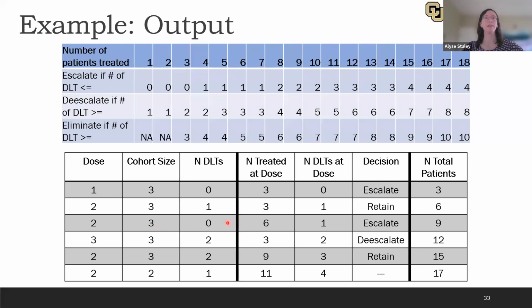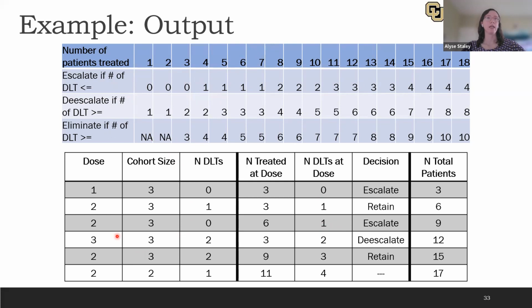And let's say none of them experienced a dose-limiting toxicity. This time, since this is our second cohort of patients treated at dose level 2, the total number treated is 6, and across both cohorts, the total number of DLTs is 1. This time we'll navigate to 6, 1 observed DLT, which means we need to escalate.